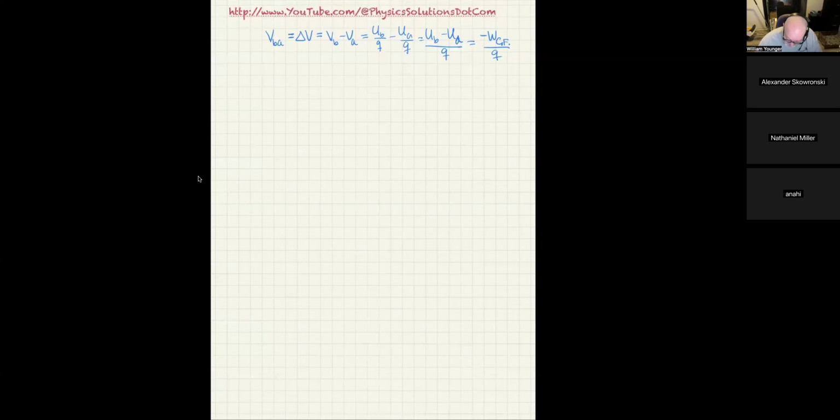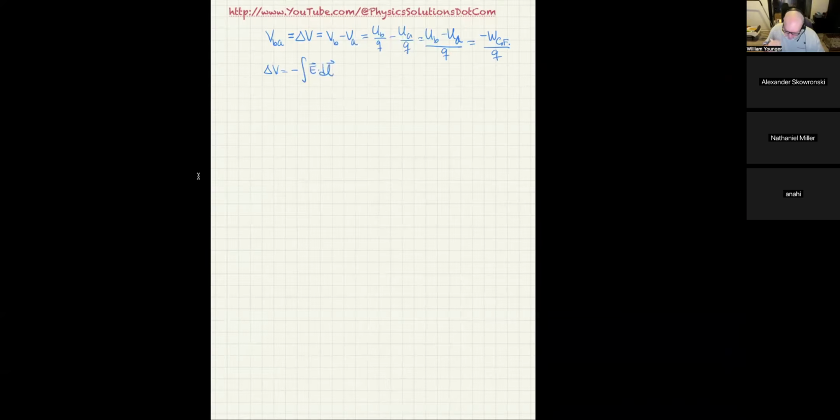So from that, we've now figured out yet another formula for the change in potential energy, or excuse me, the change in electric potential. And that formula is delta V equals the negative integral of E dot dl.